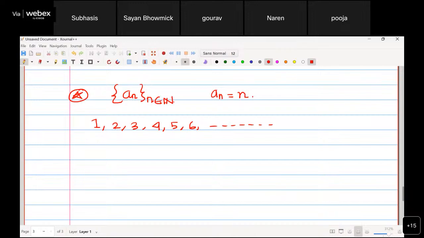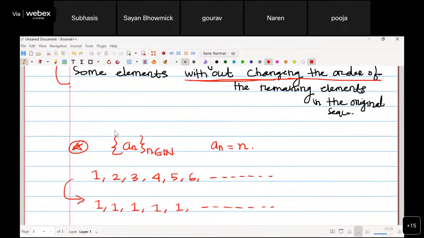So this is my original sequence. My question is whether this sequence 1, 1, 1, 1, whether this sequence is a subsequence of this original sequence. So you have the definition here.